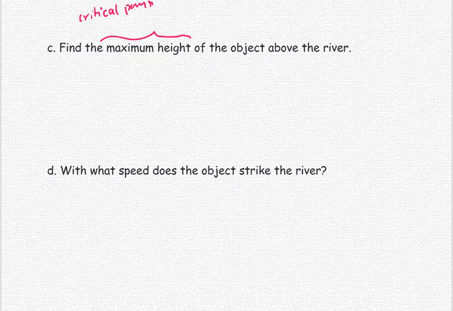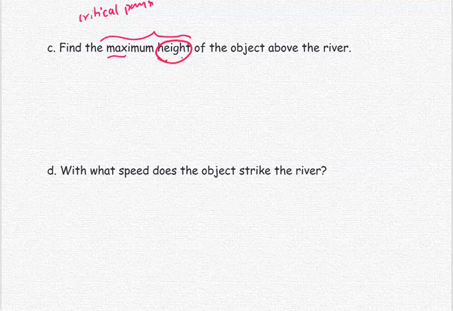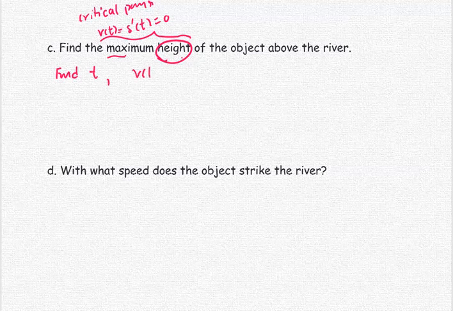For this case, the height is the position, and we find the local max of the height. So we're going to find the critical point from looking at s prime at t equals 0. And s prime at t is the velocity. So we're going to find the critical point of time t where v(t) equals 0.